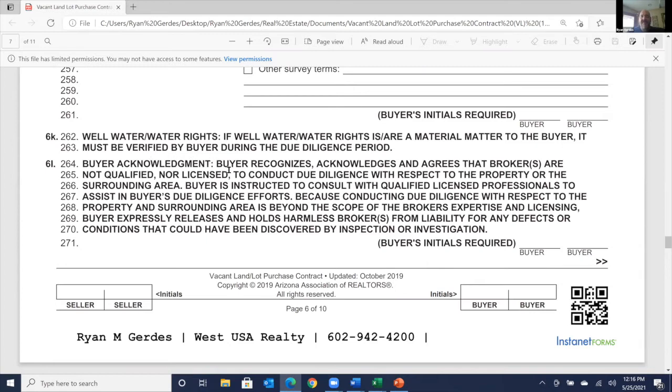Buyer acknowledgement. This is essentially saying that you recognize that we as wealth managers are helping you identify property on the real estate side, as far as helping you get through the contract and advising you on those elements, but the actual land itself, surveys, inspections, so on and so forth, that is not within our qualifications. It is totally up to you to hire people that you feel are adequate for your purposes.